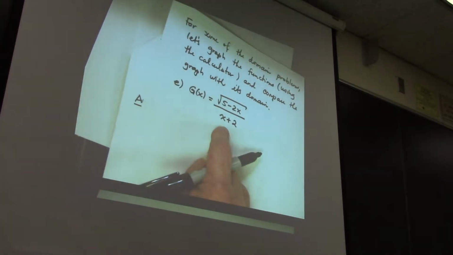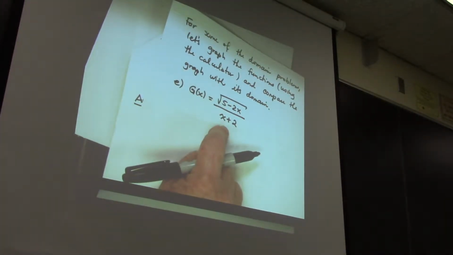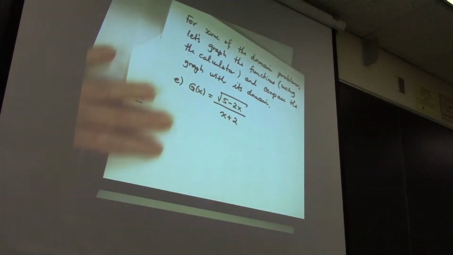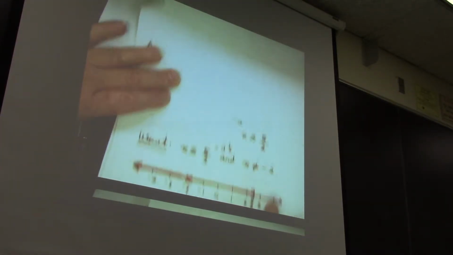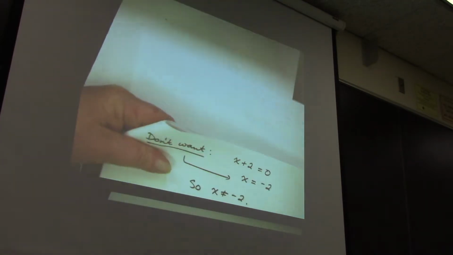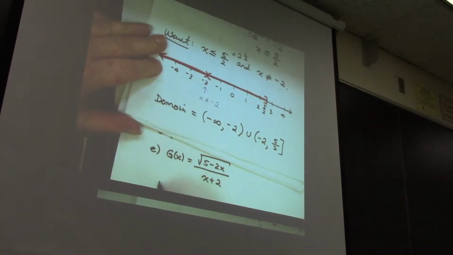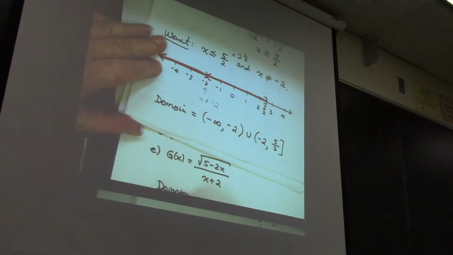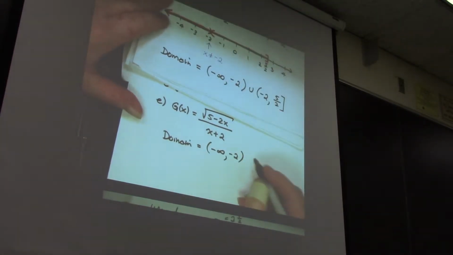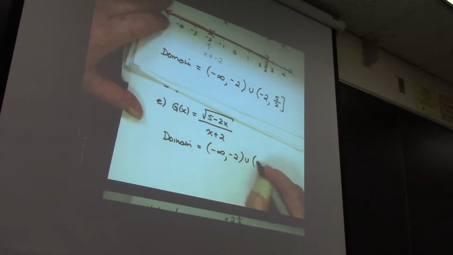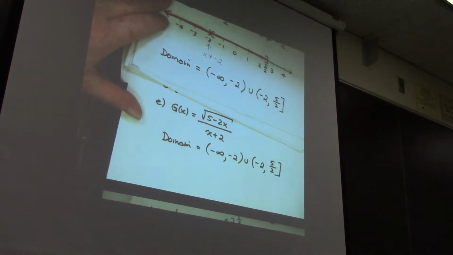But in addition, the denominator can't equal 0. So in other words, x cannot equal -2. So the domain we got goes from -infinity to -2, not including -2, union, parenthesis, -2 to 5/2.